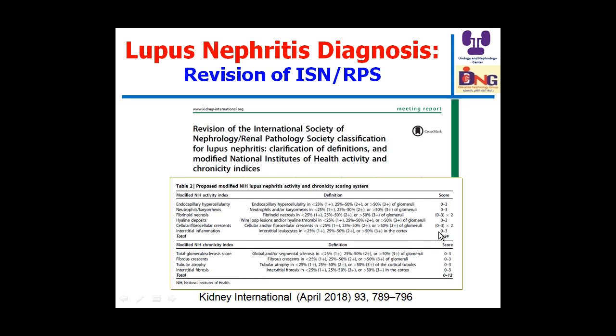So these are the modified activity index, including these 6 points. Again, endocapillary proliferation is replaced by endocapillary hypercellularity. Here karyorrhexis is put with neutrophils, and fibrinoid necrosis stands alone for the necrosis.